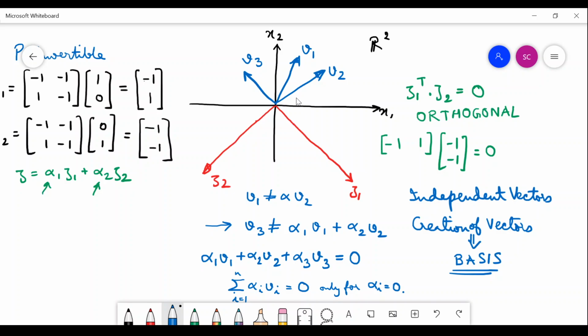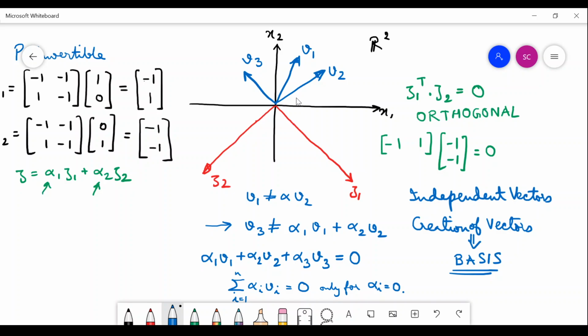Together, if they are taken together, v1, v2, v3, then they form the basis of the R3 vector space. So v1, v2, though they are independent, do not form a basis of the R3 vector space. v3, v1, though they are independent, do not form the basis of the R3 vector space.